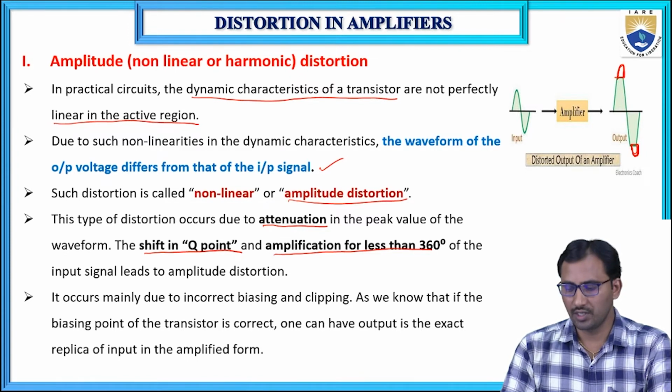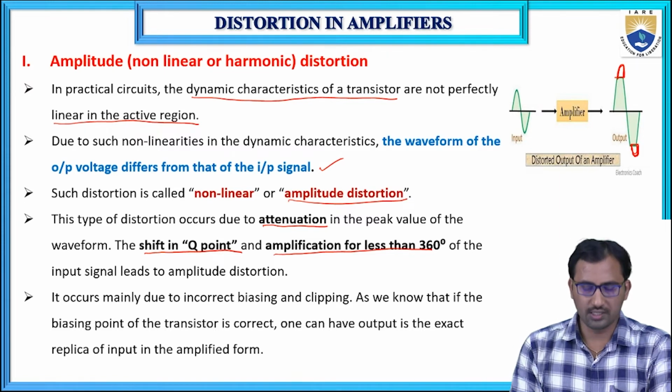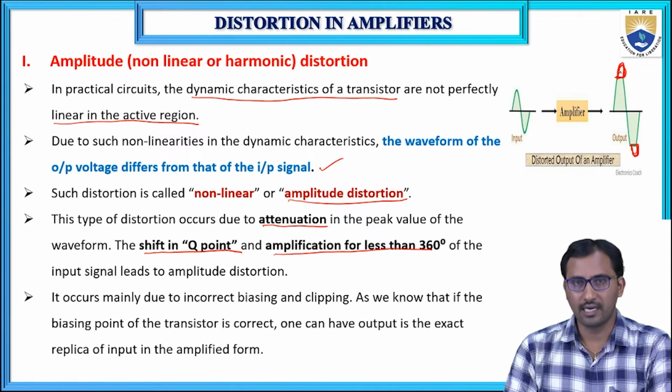Because of attenuation, the positive peak or negative peak gets affected, and due to the shift in operating point also. If the operating point moves upside, then the positive peak will be affected, and similarly if the operating point is shifted downside, then the negative peak gets affected. That means the negative peak will be clipped off.